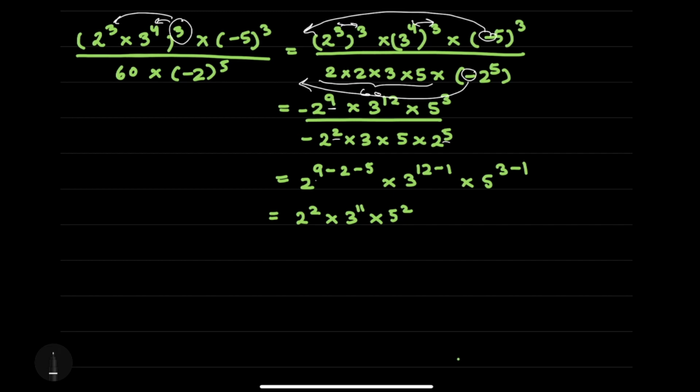So we have 9 minus 2 minus 5 from the laws of exponents again. And same we do for 3 and 12, 3 to the power 12 minus 1, that is 3 to the power 11 over here. Then moving on, we do that for 5. So 5 to the power 3 minus 1. And that's how we get 2 to the power 2 into 3 to the power 11 into 5 to the power.